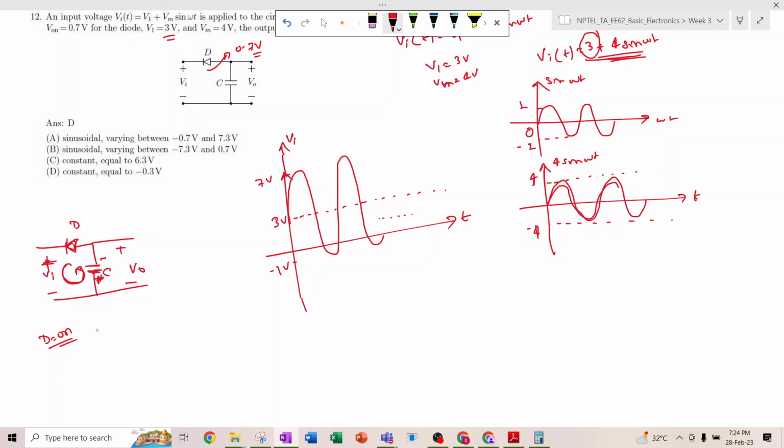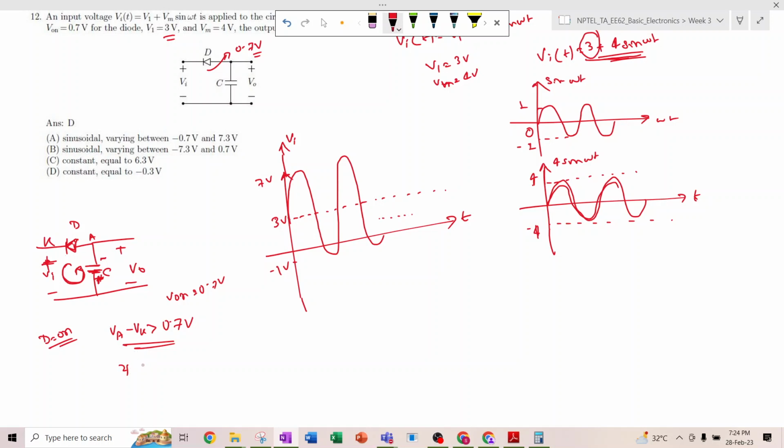Okay, so if the diode is on, this is the anode terminal and this is the cathode terminal. So VA minus VK should be greater than 0.7 volt, because it is mentioned in the question V1 is 0.7 volt. So whenever this condition occurs, then only it will conduct.